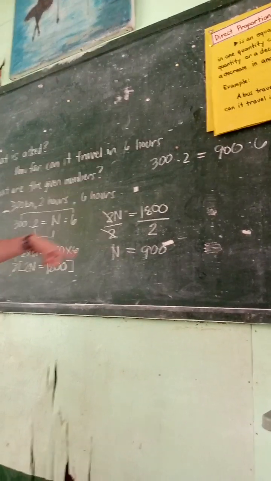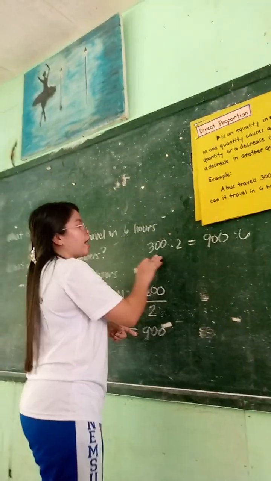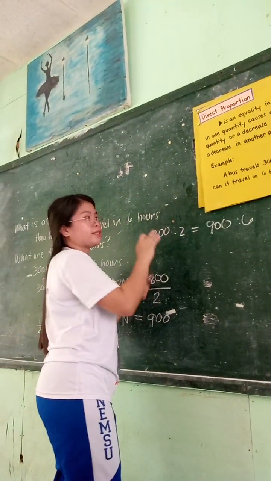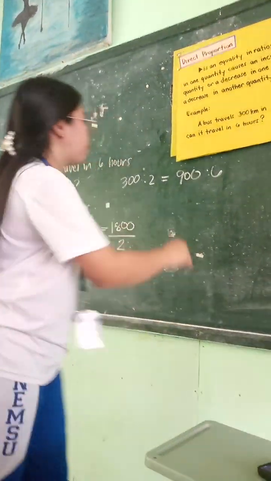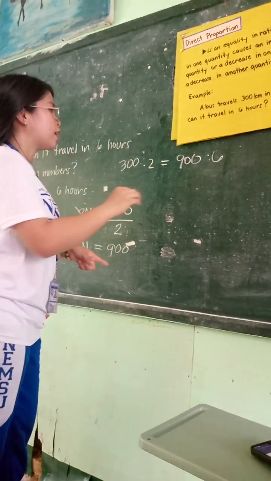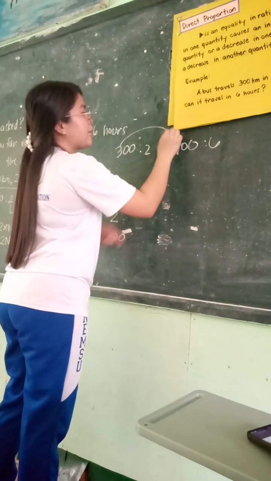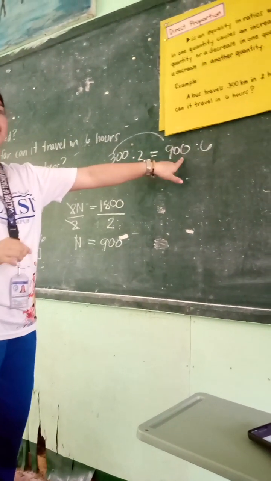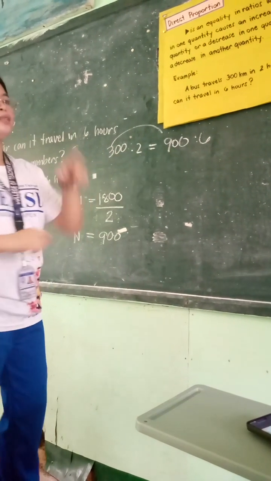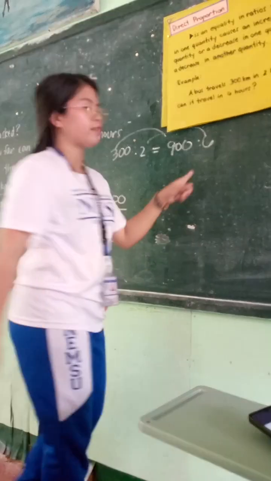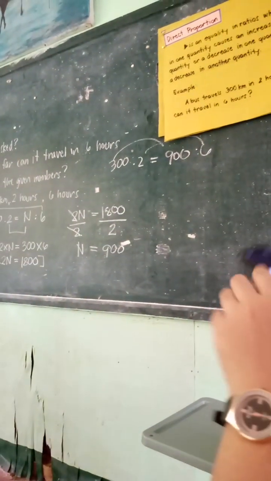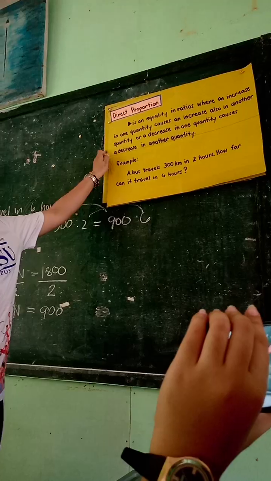It is because the first term of the first ratio increases, and in the second ratio the first term also increases. Understood? Here 300 increased to 900. In the second term of the first ratio, it also increases in the second ratio, to 6. So, do you understand why it is called direct proportion?